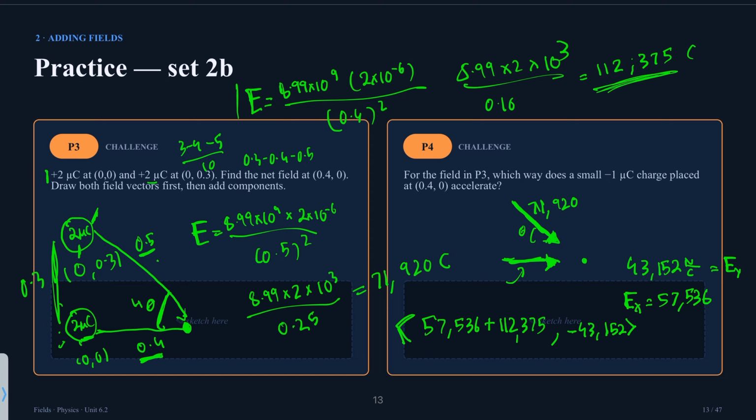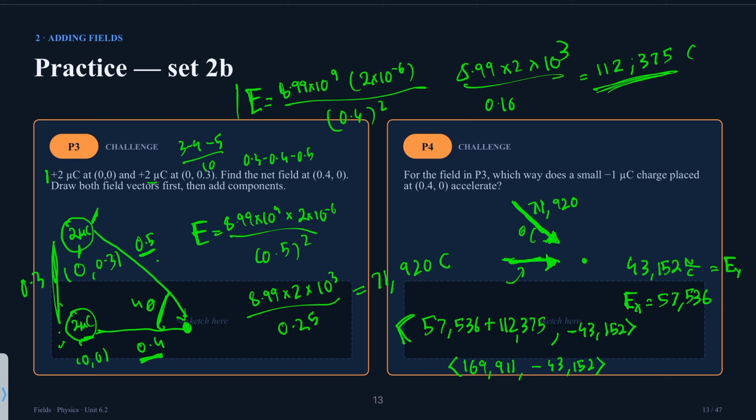And once you do that, you can get 57,536 plus 112,375. That's about 169,911. Okay. And then negative 43,152.